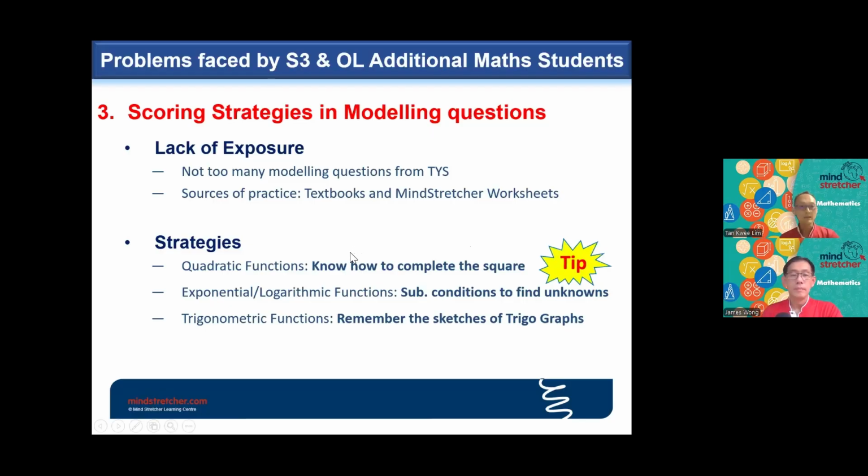Okay, and then strategy. These are some of the strategies that we can use. When we talk about projective functions, they need to know how to complete the square. And for exponential and logarithmic functions, they will need to know how to do substitution for certain conditions to find unknowns, right?